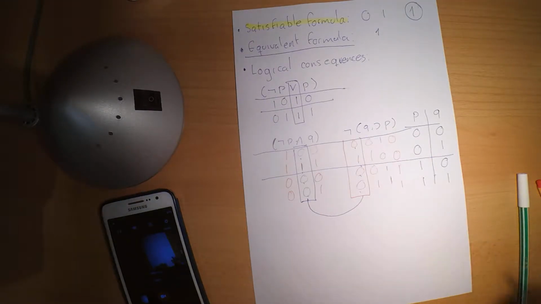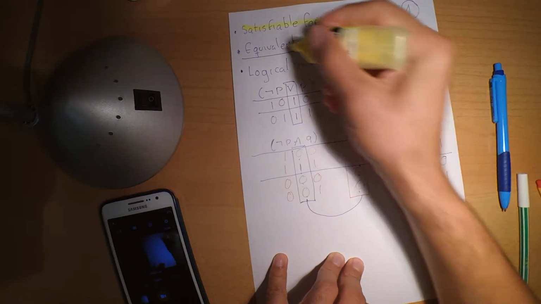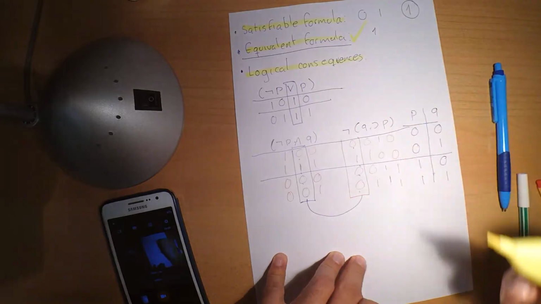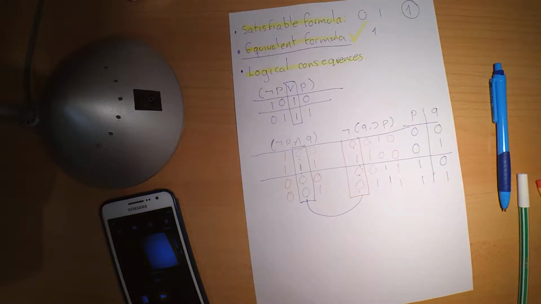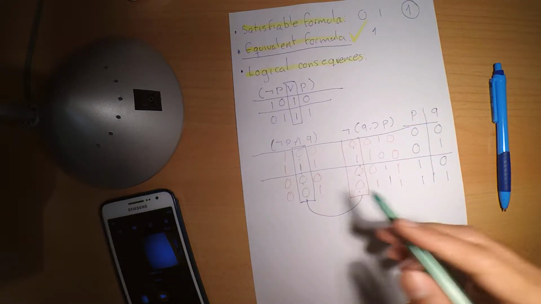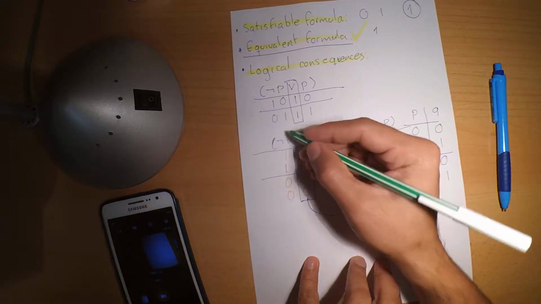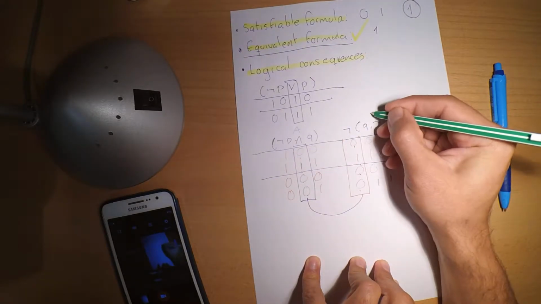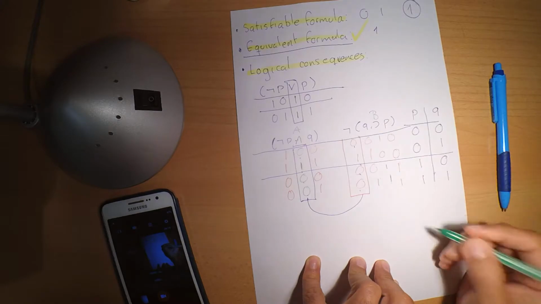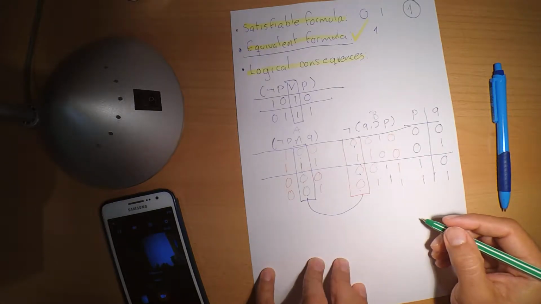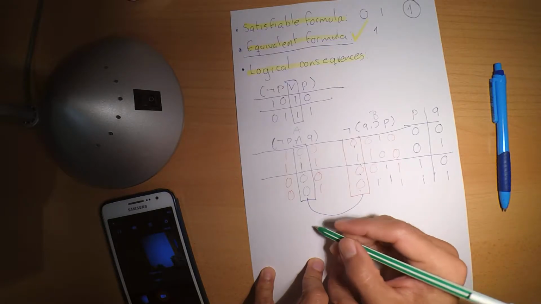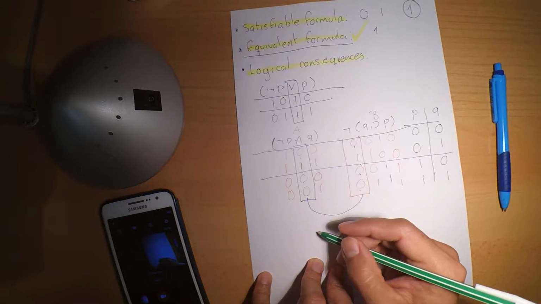Now, what is a logical consequence? We suppose that one formula is A and another formula is B. Let's make one simple example to make sure that we can understand the logical consequences.